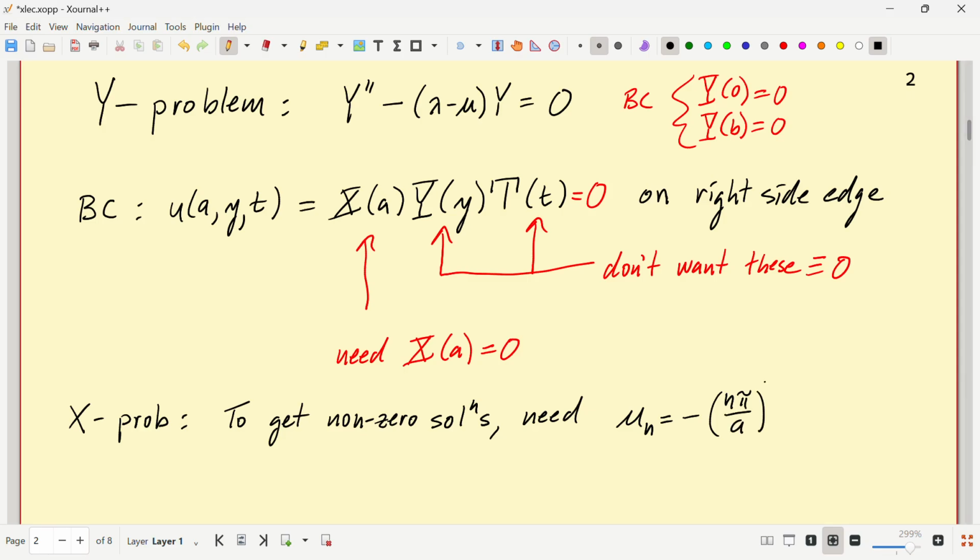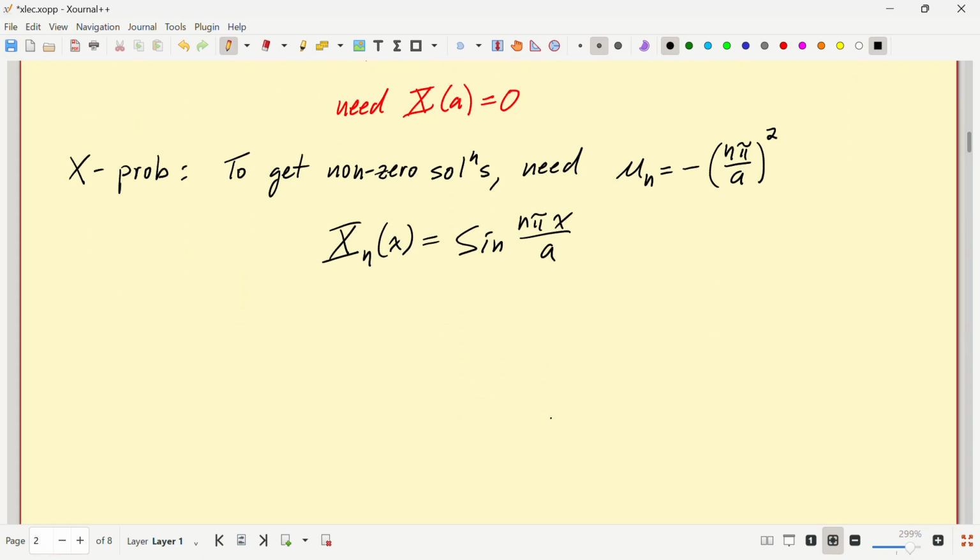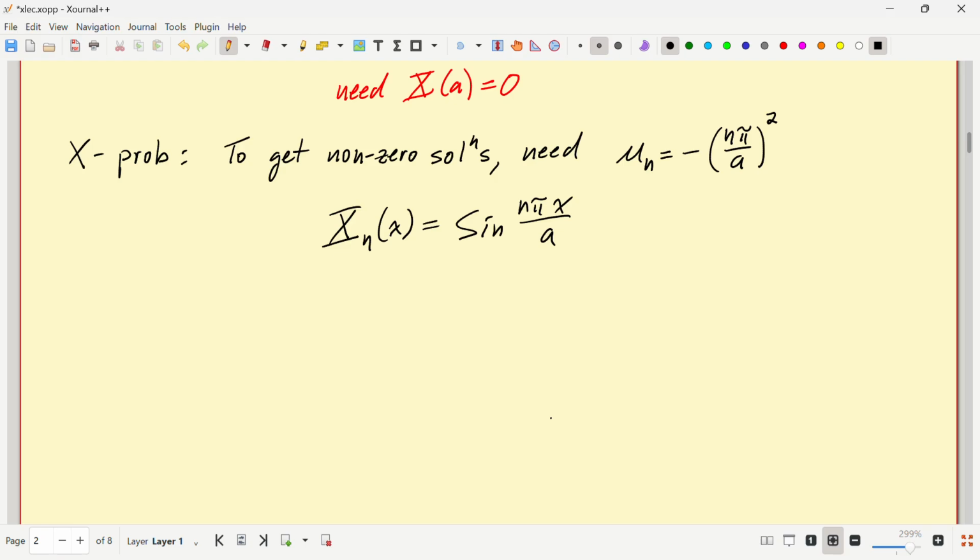When we did a string of length L, it was n pi over L. That's a string, kind of like a string of length a. And the solutions we get were X sub n of x equals sine of n pi x over a. And we got the Fourier sine series that way. So we've done that problem. I'm not going to do it again. Now I can think about the y problem.